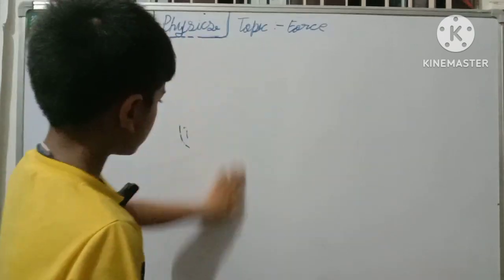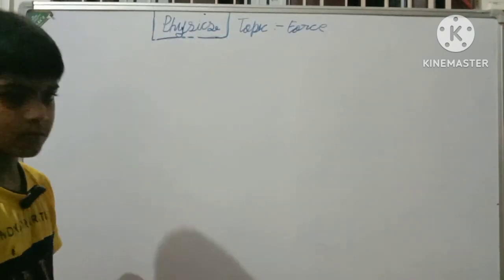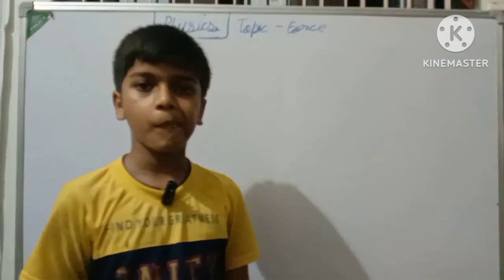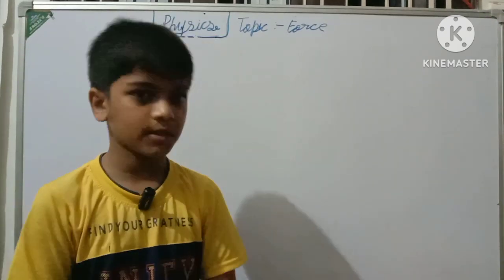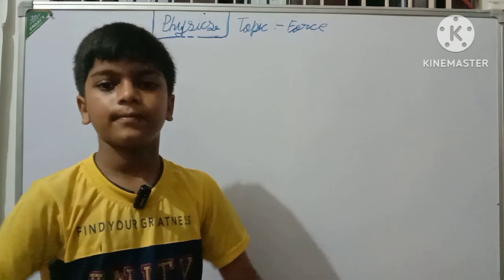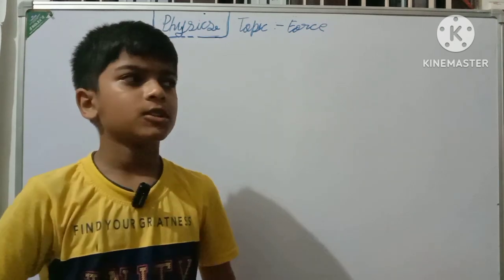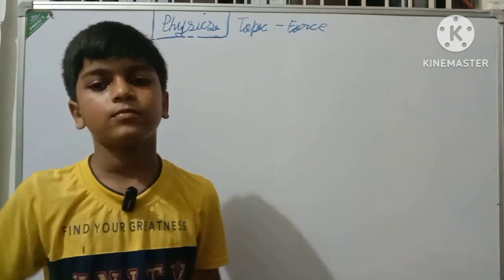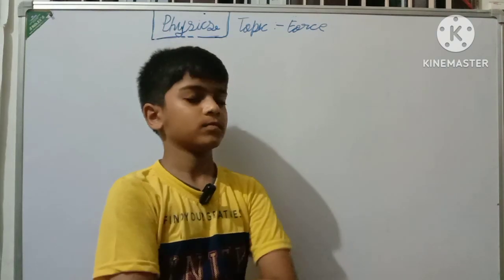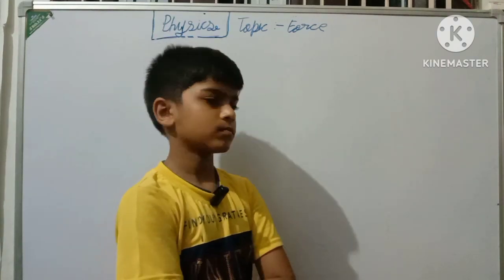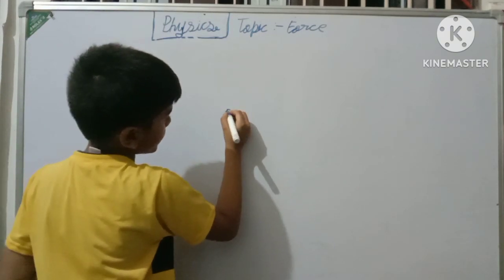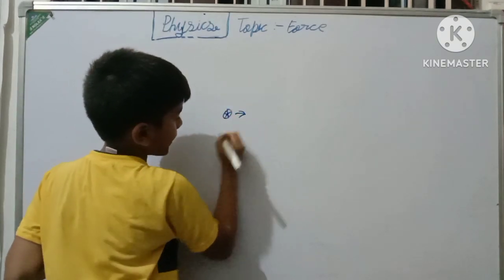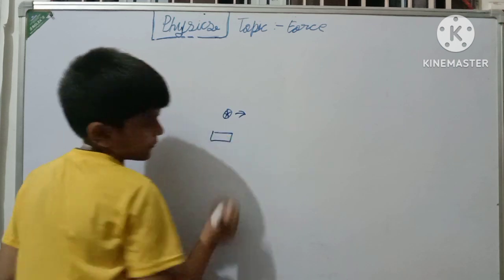Question 8. Which of the following statements is incorrect? Three statements are correct and one is incorrect. I know the drill. Static friction is greater than the rolling friction. Is it? Yeah, true. Rolling friction is less than the static friction. Rolling friction can't be greater than static friction.